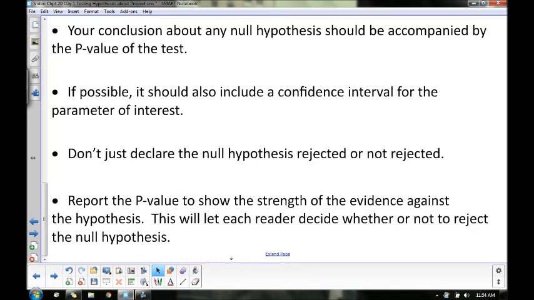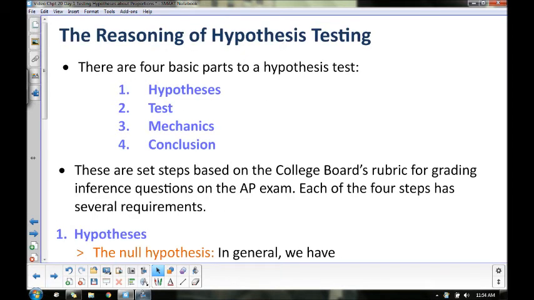What that allows us to do is, if somebody is reading my research and doesn't quite agree with where my cutoff point was, they can then make their own decision and say, okay, you might reject the null or you might fail to reject, but with the level of certainty that I need, maybe they don't quite agree with you.